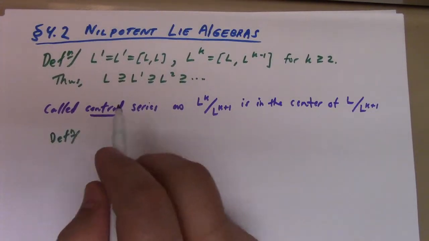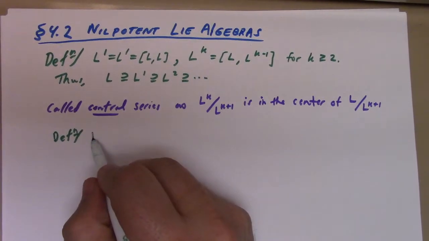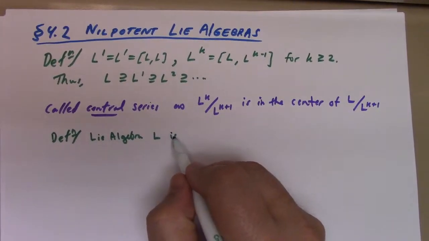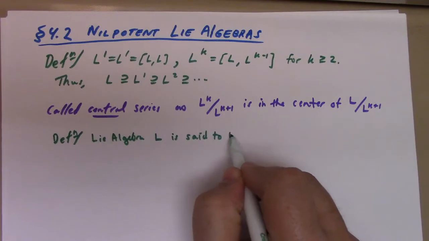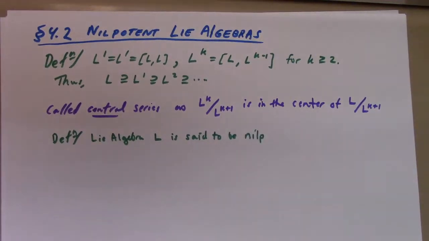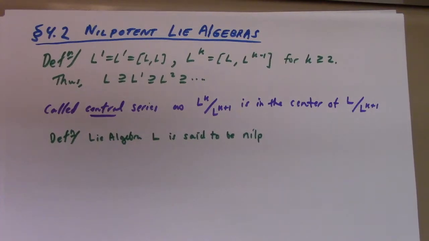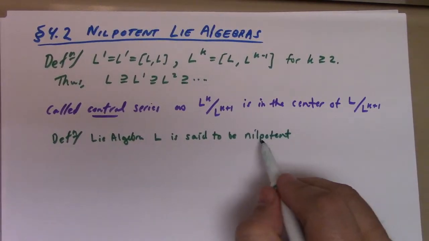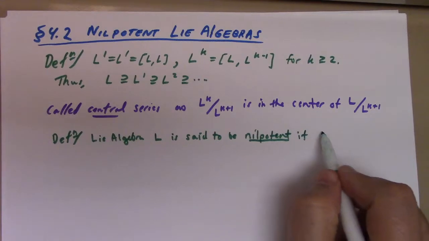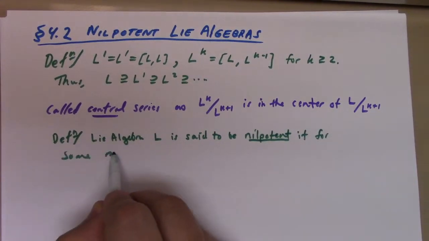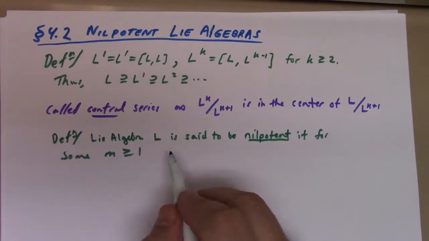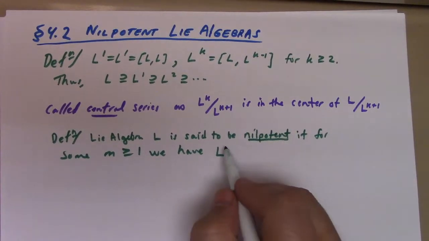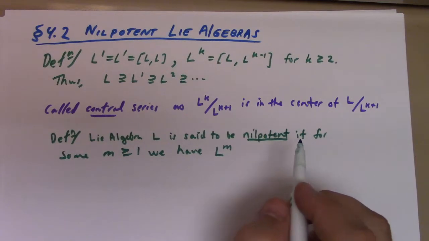Definition: a Lie algebra L is said to be nilpotent if for some m greater than or equal to 1, the lower central series truncates to 0, so L_m is equal to 0.